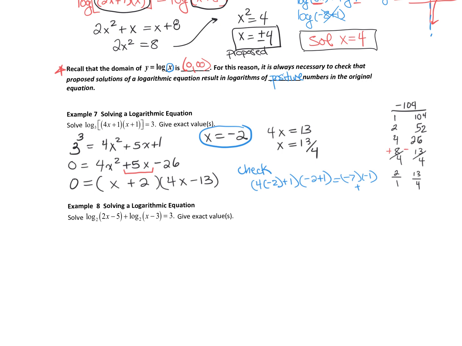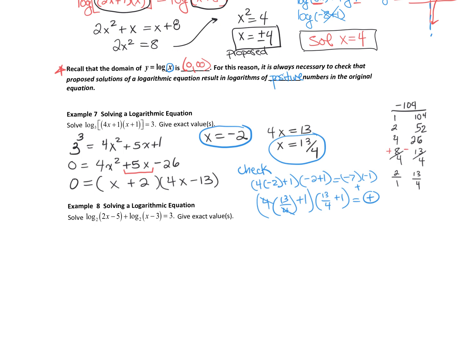And then if I plug in 13 quarters, (4 times 13 quarters plus 1) times (13 quarters plus 1), we'll get 14 times 17 quarters, which is positive. So in this case, both of our answers are legitimate.